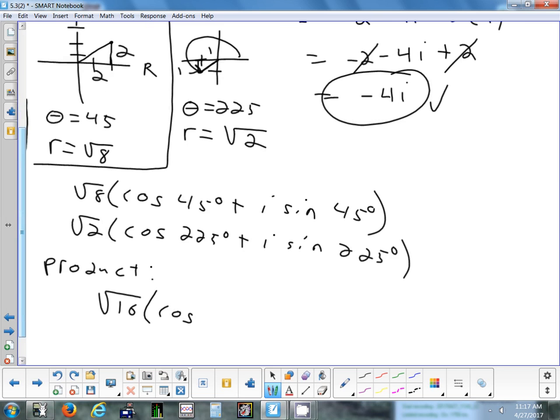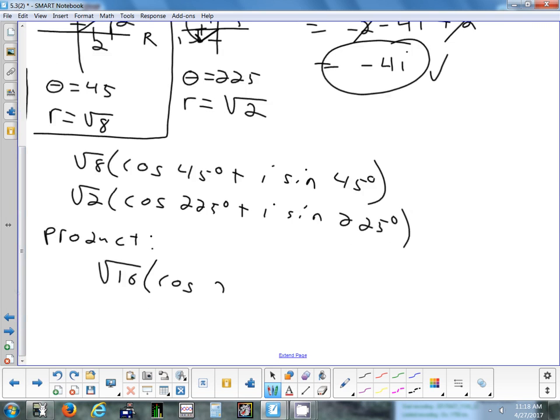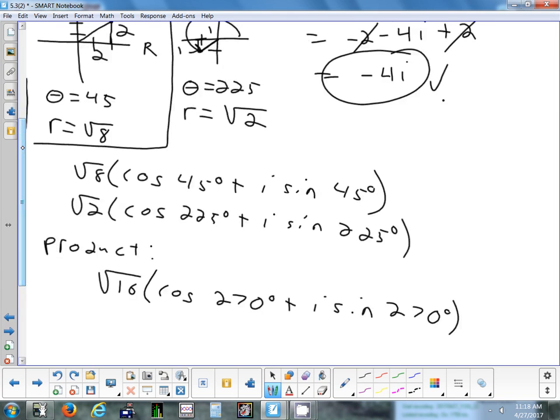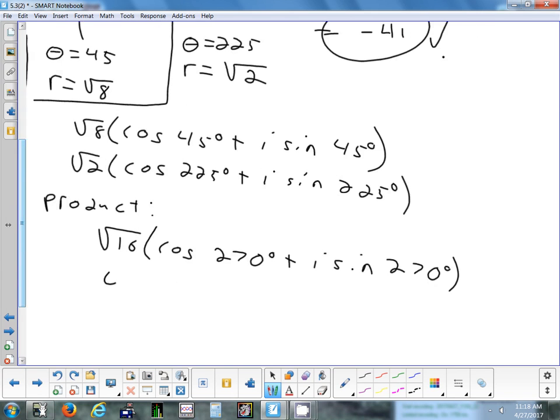And what do I do with my two angles? Janelle? Add them up and get 270. That's the answer. Now, does that answer look like that answer right now? No. It doesn't look exactly the same, but if you simplify a couple things here, it is. Let's start with the square root of 16. What's that? 4.